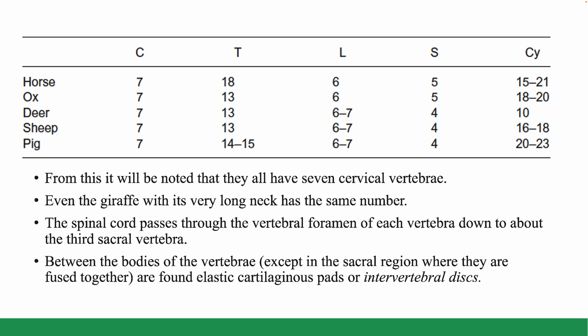Remember that the thoracic vertebrae of a horse, which are the ribs here, number 18 as compared to other species of animals. For the cervical, each species of animal, including a giraffe, which has the longest neck, has 7 cervical vertebrae. The rest are almost similar.